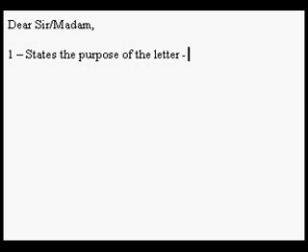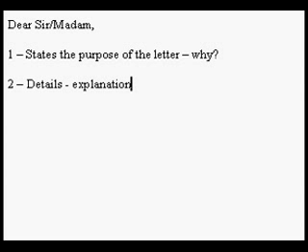So basically this tells the person reading it, why are we writing? Why are we writing to this person? The second section gives the details of the letter. So this outlines, we're writing this because this is what's happened, and we want to explain our situation. So this is basically an explanation.